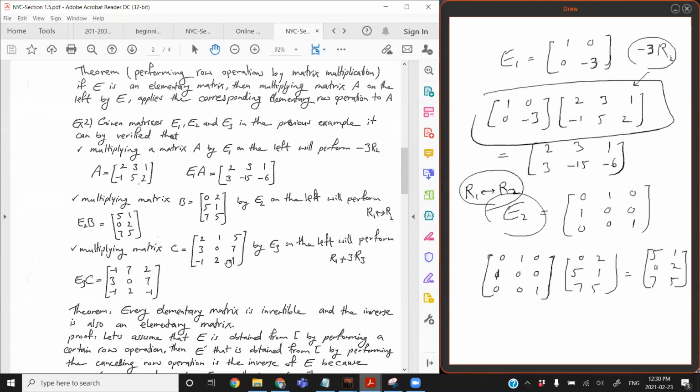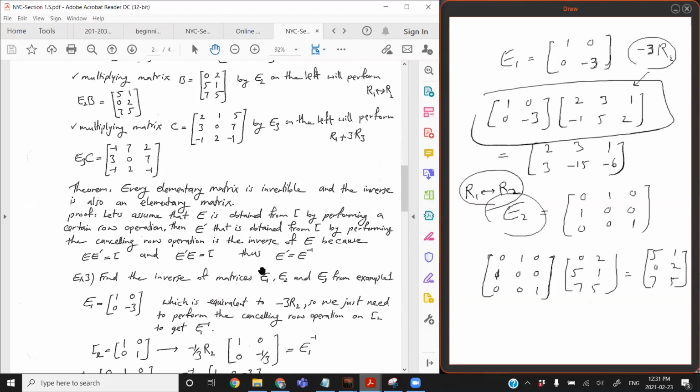If you actually do the multiplication, the second row will not change, the last row will not change, but the first row will change. 3 times this is -3 added to this -1. 3 times this is 6 added to this 7. 3 times this is -3 added to this 2. And you can also perform the operation using the definition of matrix multiplication and verify this.